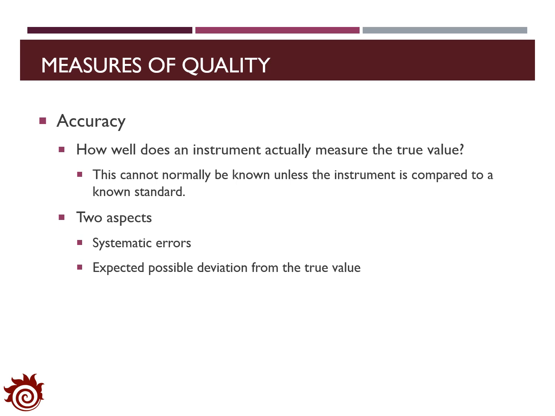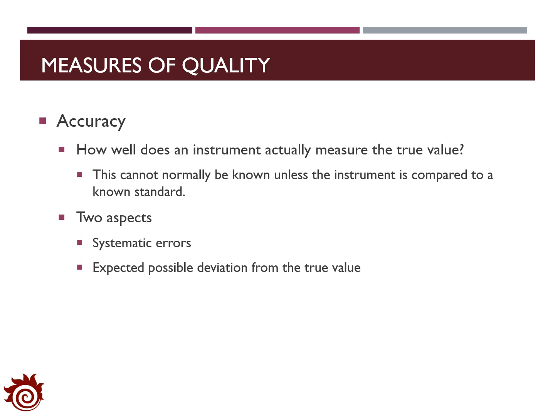The last one is accuracy. It measures how well an instrument actually measures the true value. In reality, it will be very difficult for us to know the true value, which means it will be hard for us to know the accuracy unless the instrument is compared with a known standard.